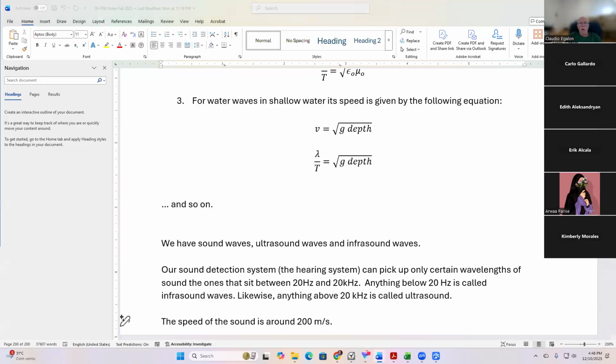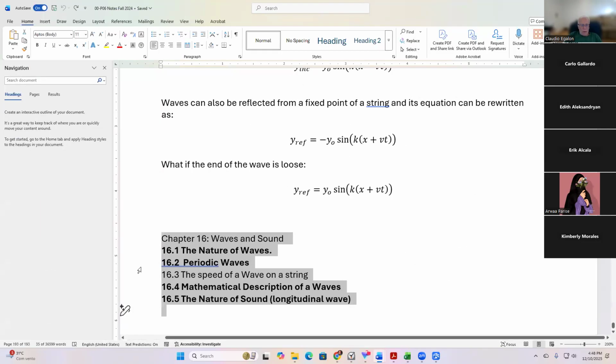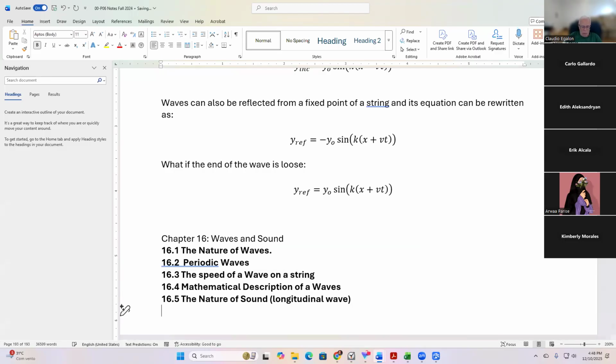So now, here you go. We have those sections on chapter 16. We're not going to cover speed of sound. We're skipping that, okay?